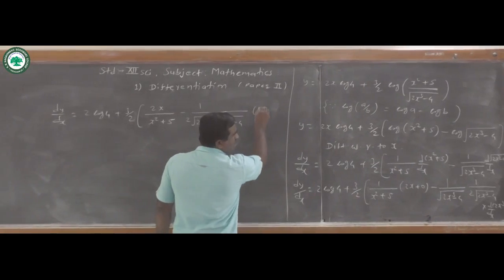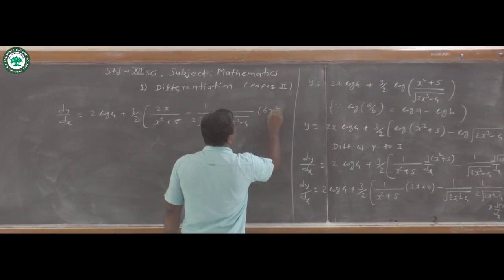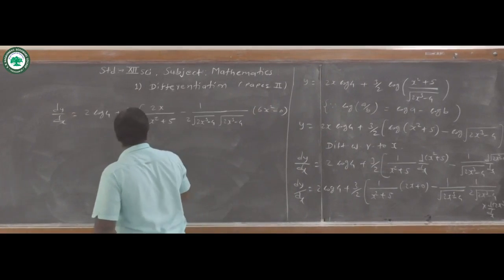That is, we can write here 6x square minus 0.